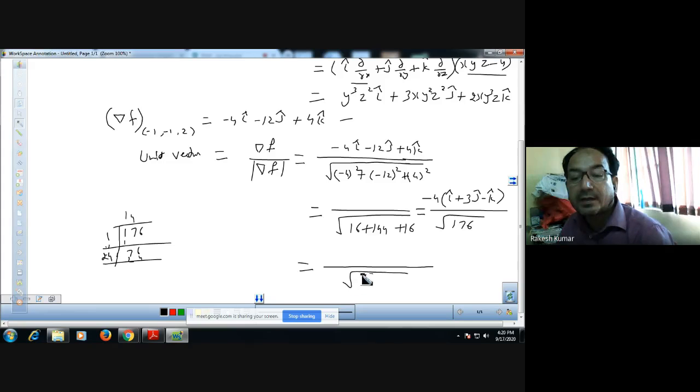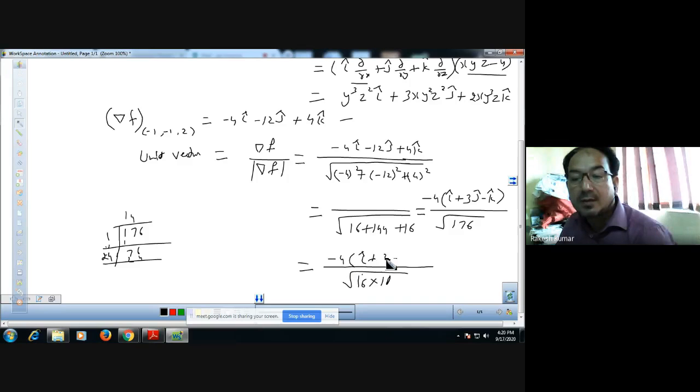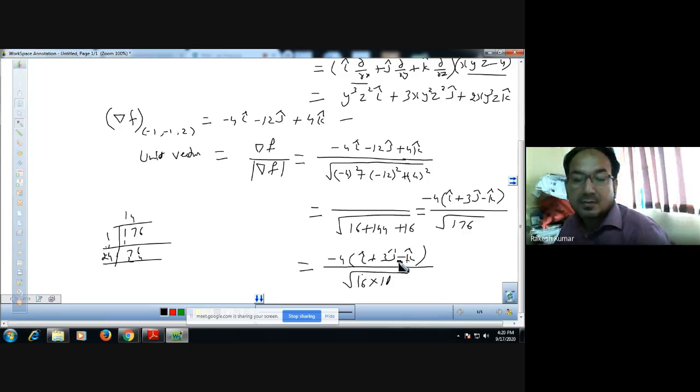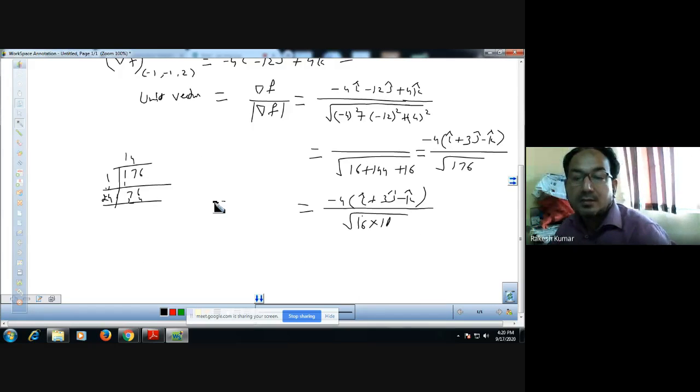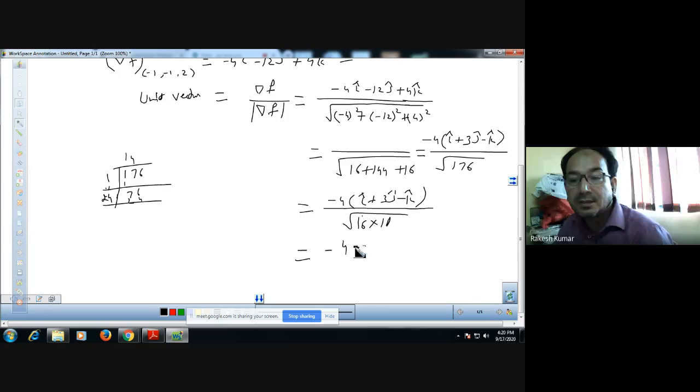The factorization will be 16 into 11, I think so. And that will be minus 4 i cap plus 3 j cap minus k cap. Square root is not possible here directly, so you have to factorize the terms. Typically the factorization will be like this: 16 into 11 square root.